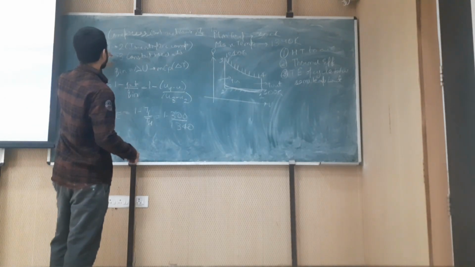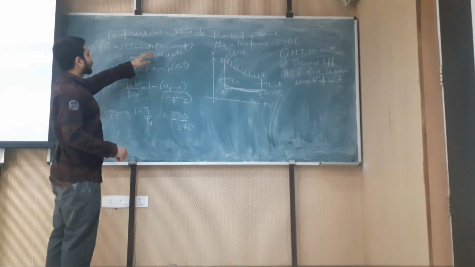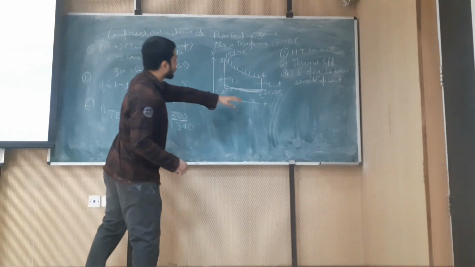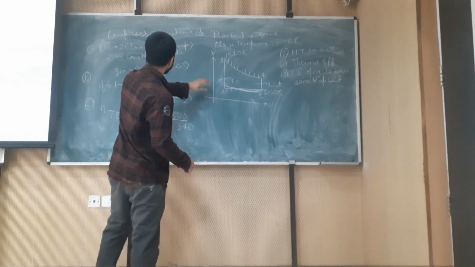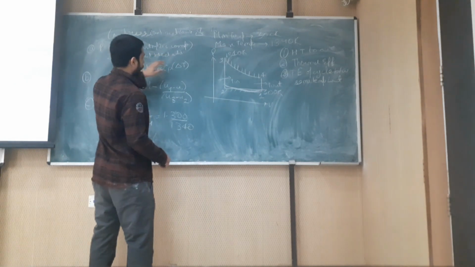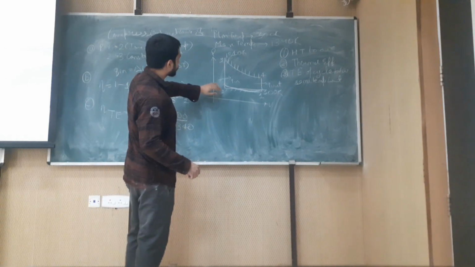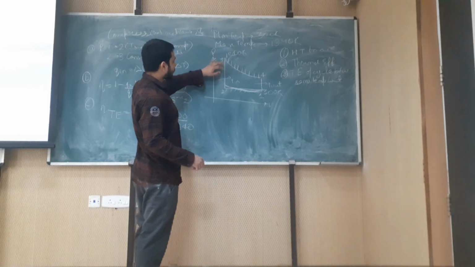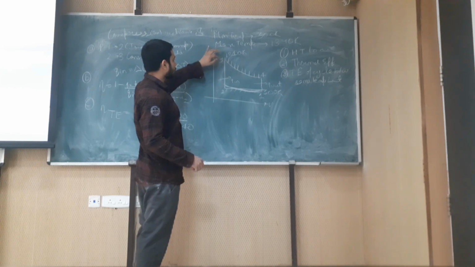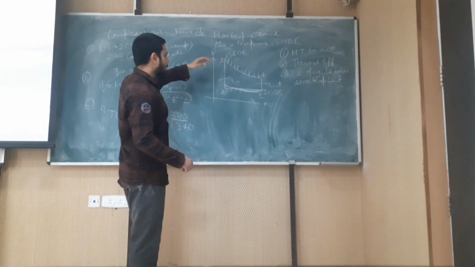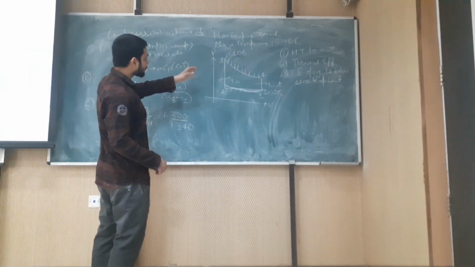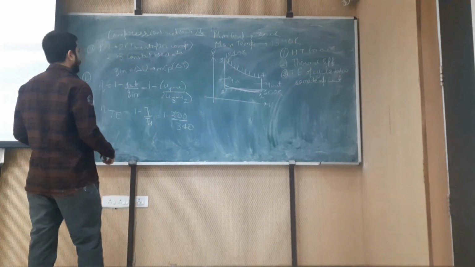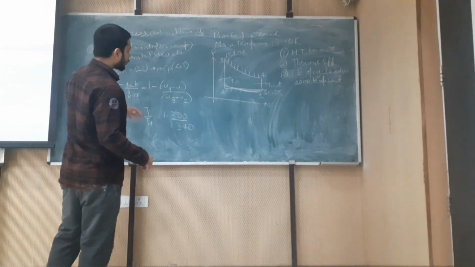Process 1 to 2 is an isentropic compression process, in which the volume is decreasing. Process 2 to 3 is a constant volume heat addition process. As we can see, PV is equal to nRT, and volume is constant, pressure is increasing, so temperature is increasing, which means heat addition is happening between 2 and 3.